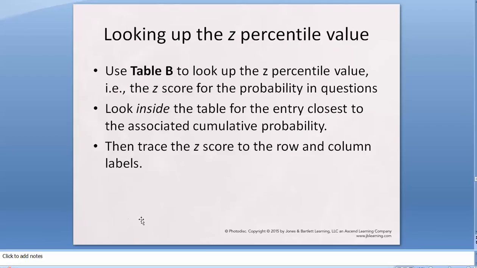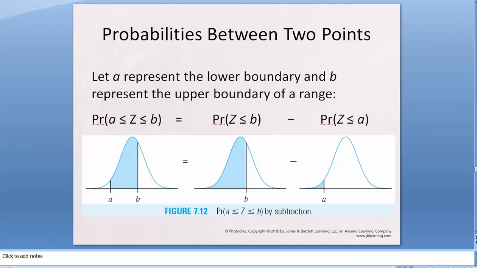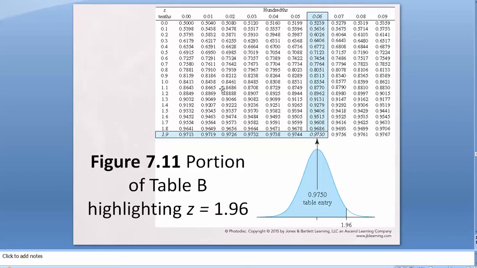Now when you do this, of course, it is the opposite. Let me go back to this. If you have something like 95%, if you look in this table, you will not find 95% exactly. You will have 94.41, 95.45, 90.